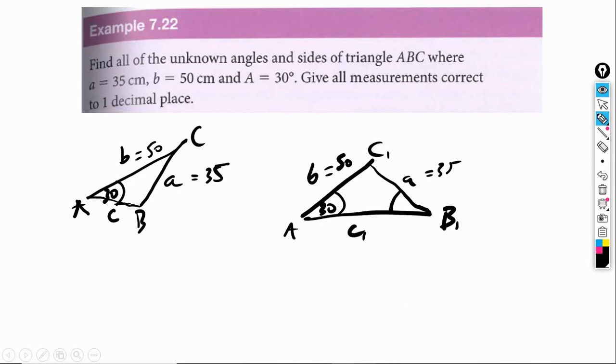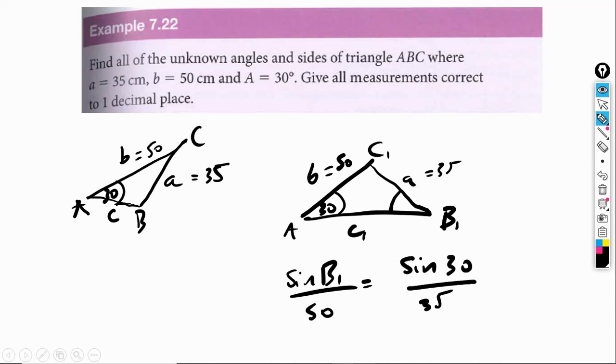Okay, so in this case, sine of B1 over 50 has to equal, and you know this from the law of sines, sine of 30 over 35.